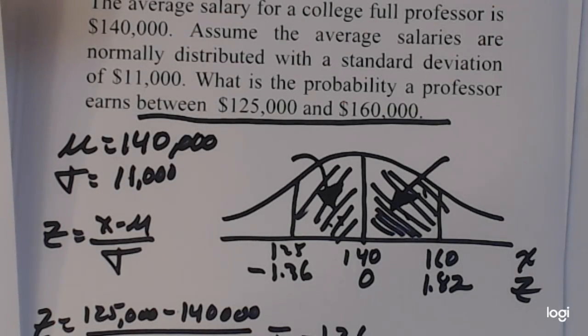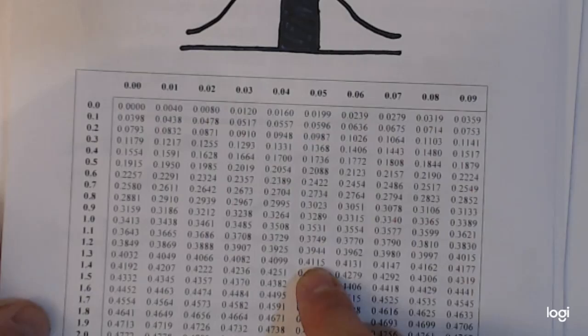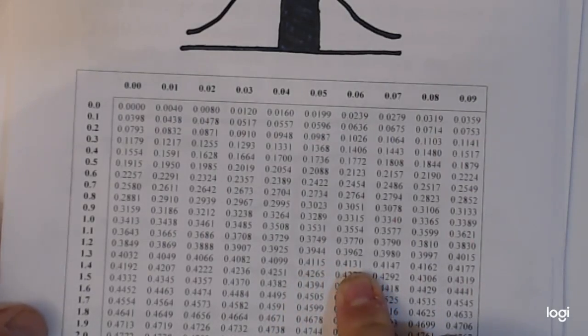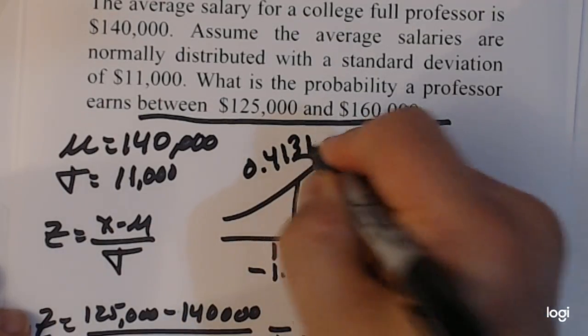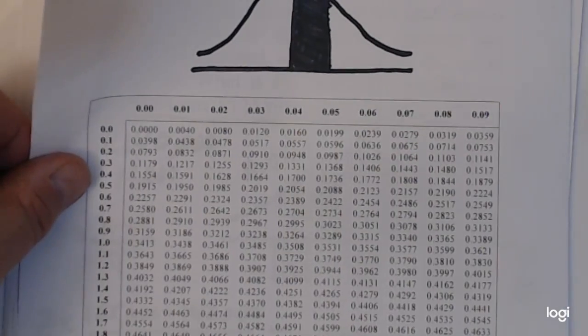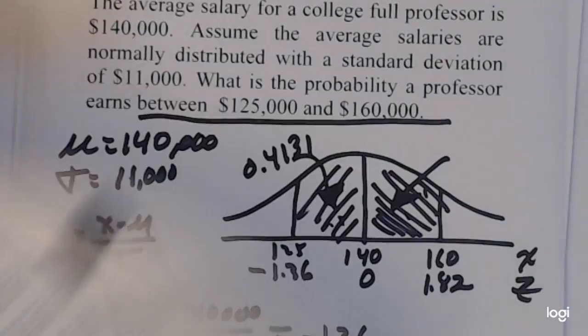Let's see, 1.36. We're going to go to 1.3 and over to 6, and that's 0.4131. And then 1.82 is 0.4656.